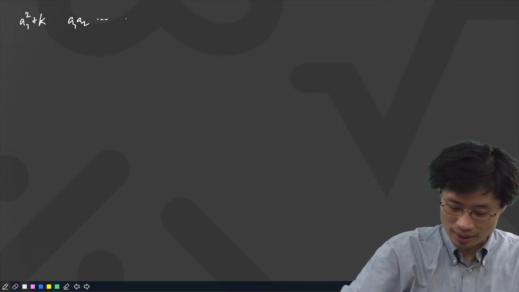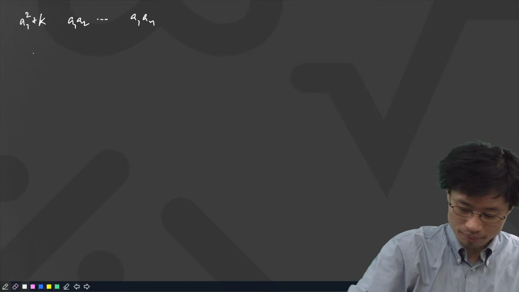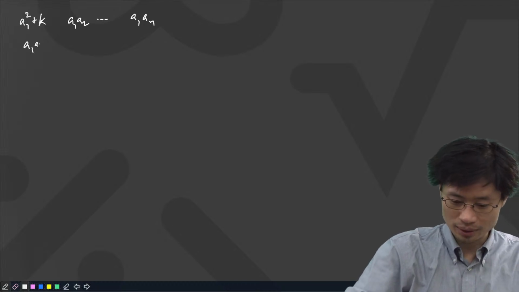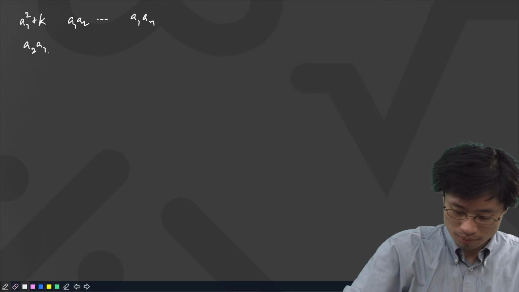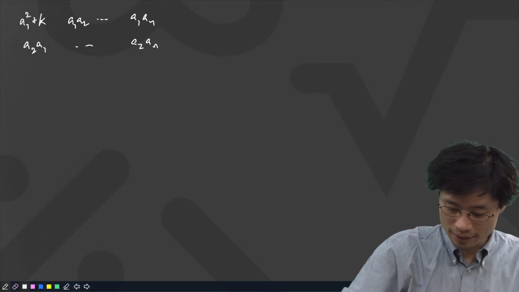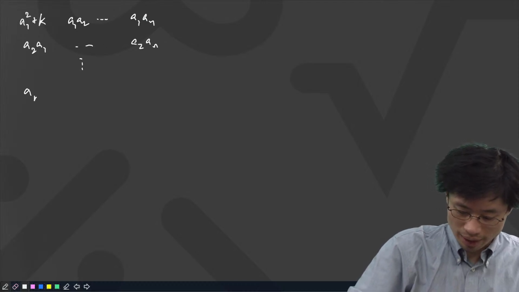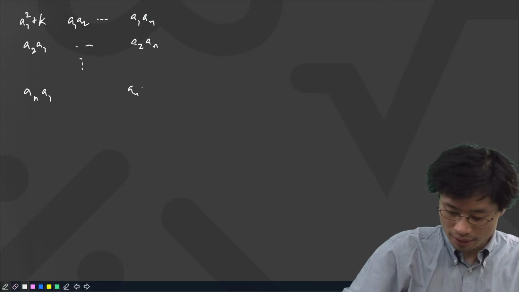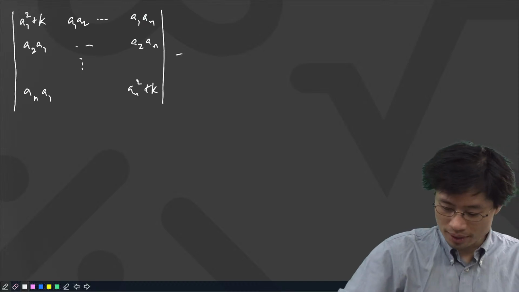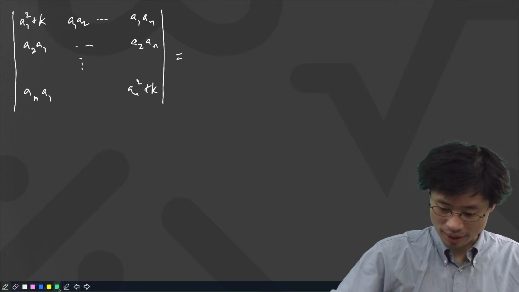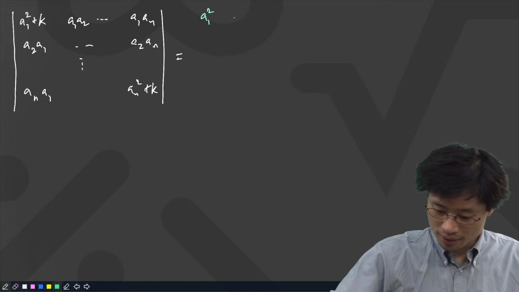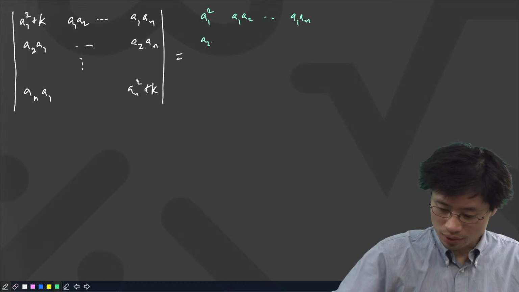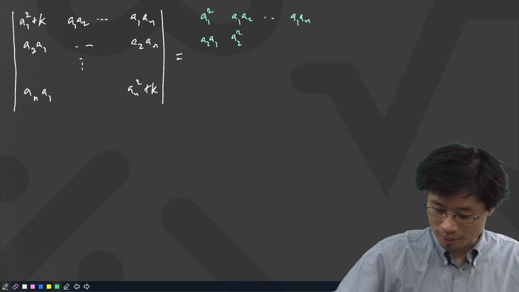But if I want to know what's the determinant of this thing, a2, a1, dot, dot, dot, a2, an, dot, dot, dot, an, a1, an squared plus k, this determinant is always equal to the sum of two other determinants: a1 squared, a1, a2, dot, dot, dot, a1, an, a2, a1, but now I have a2 squared plus k.